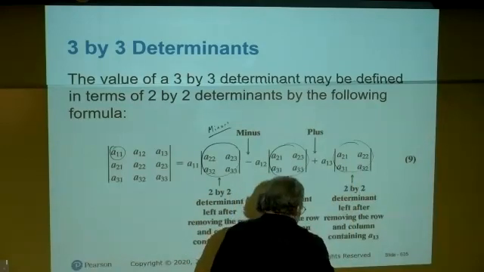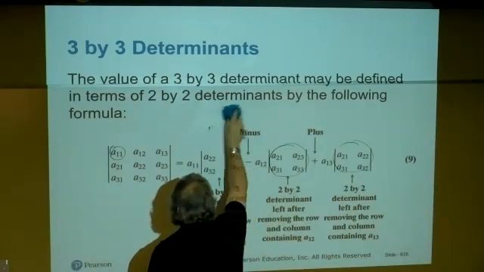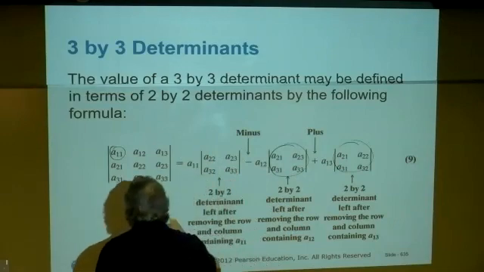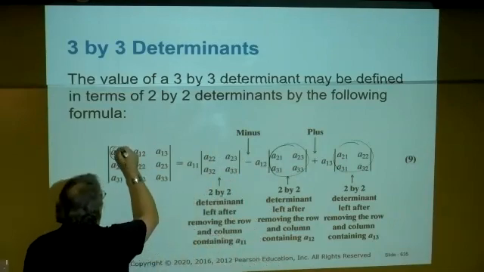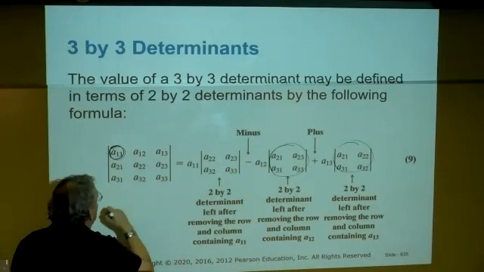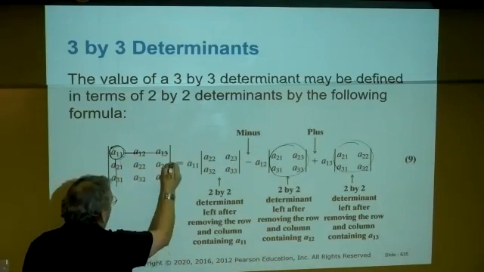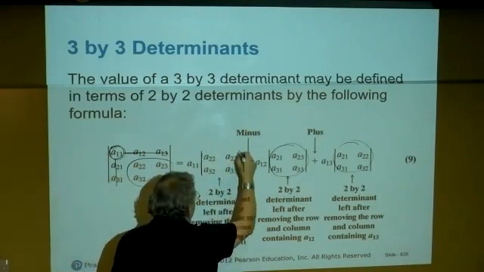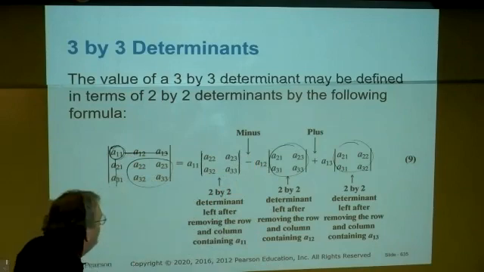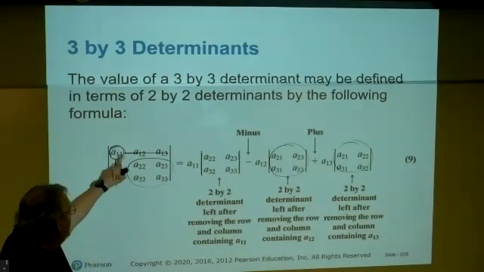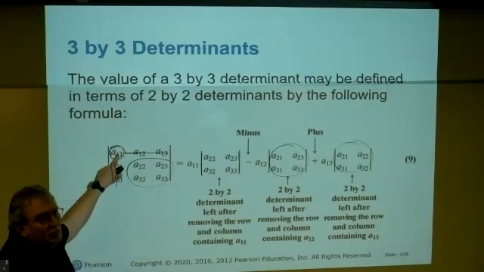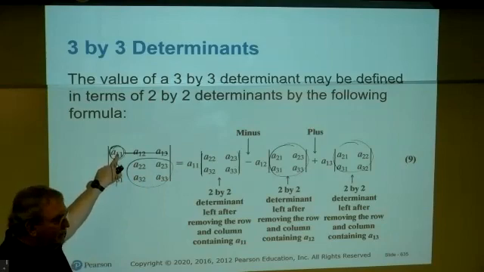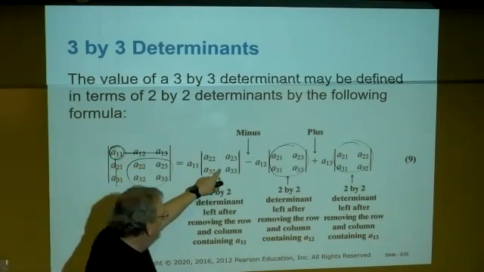So how we determine that is I start with this one. So I'm going to ignore this column and this row, and what's left over is its minor. So this is the minor for this one.